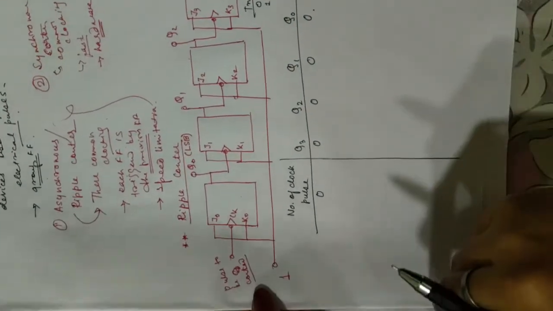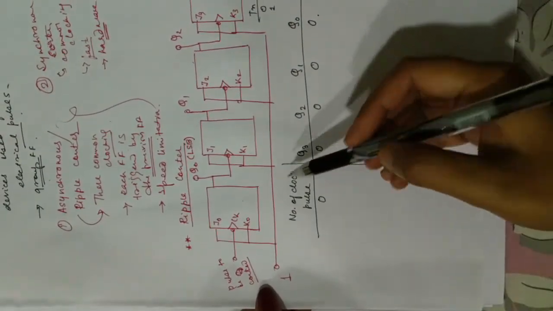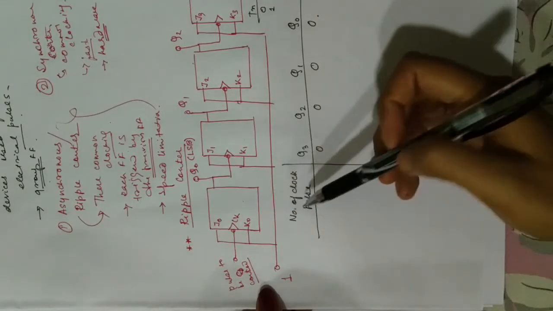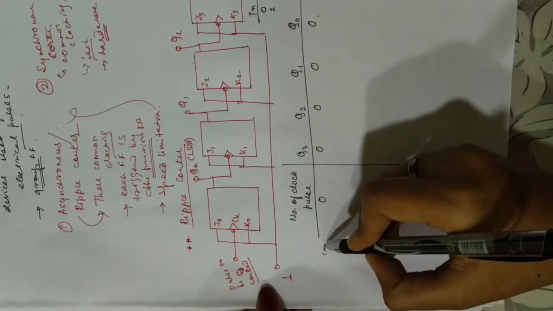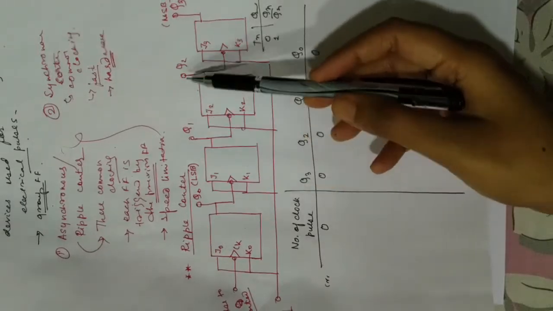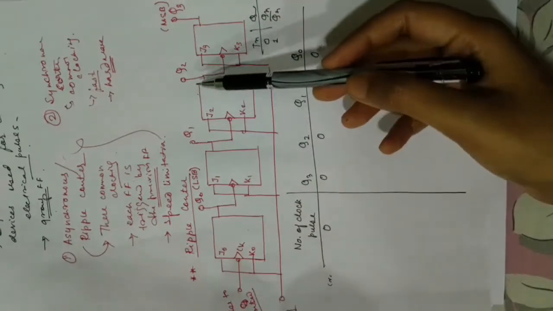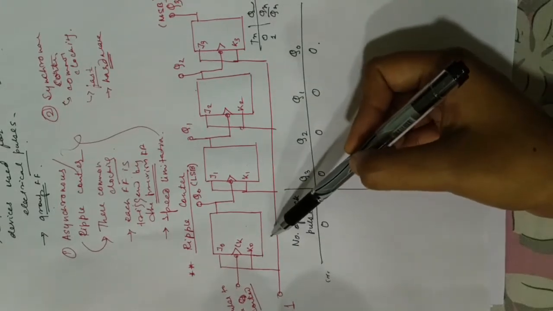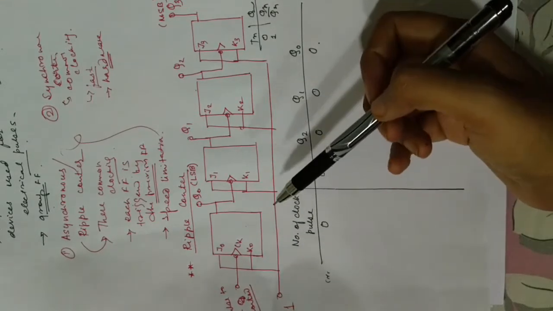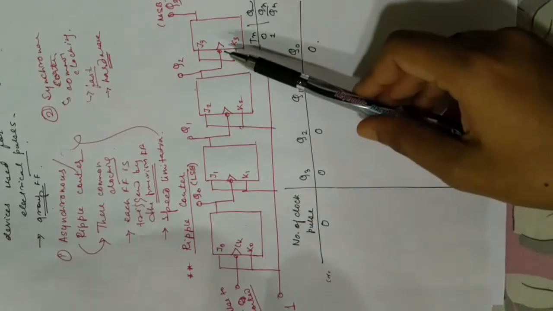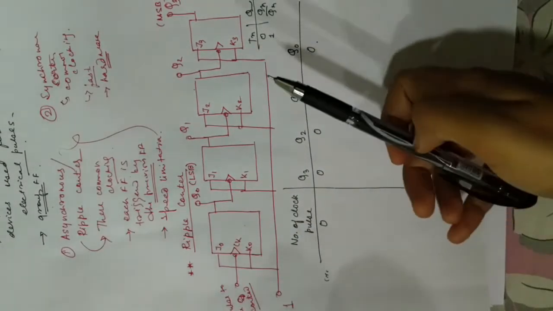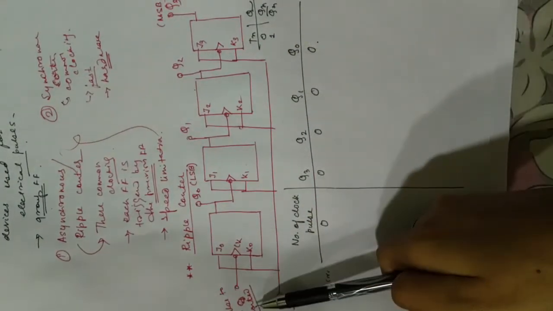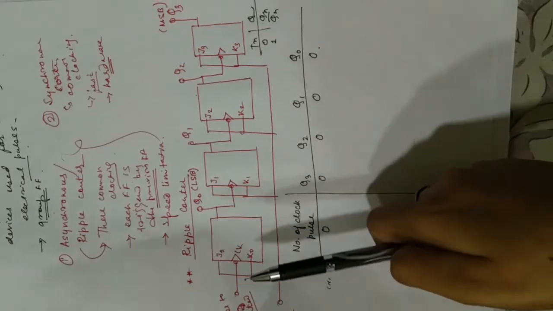Now what happens? Okay, initially we applied clear equal to 0. We put clear equal to 0 and we have set all our Q2, Q1, Q0 to 0. Now after the first step, we have put CR equal to PR equal to 1 because we want all the flip-flops to function in normal fashion. That is our second step, and then we start counting the clock pulses, right?